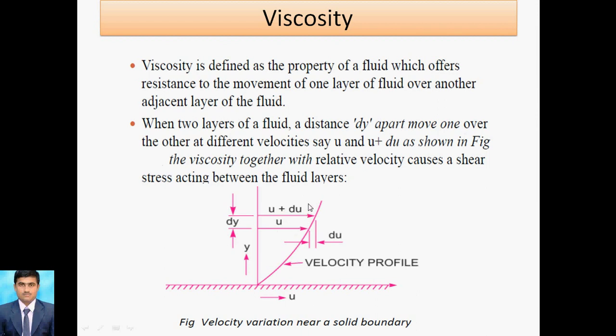We can observe that effect in the figure. Shear stress at the bottom is maximum and velocity is almost zero. But as we go up, the shear stress is minimum and the velocity increases. So this is regarding viscosity.